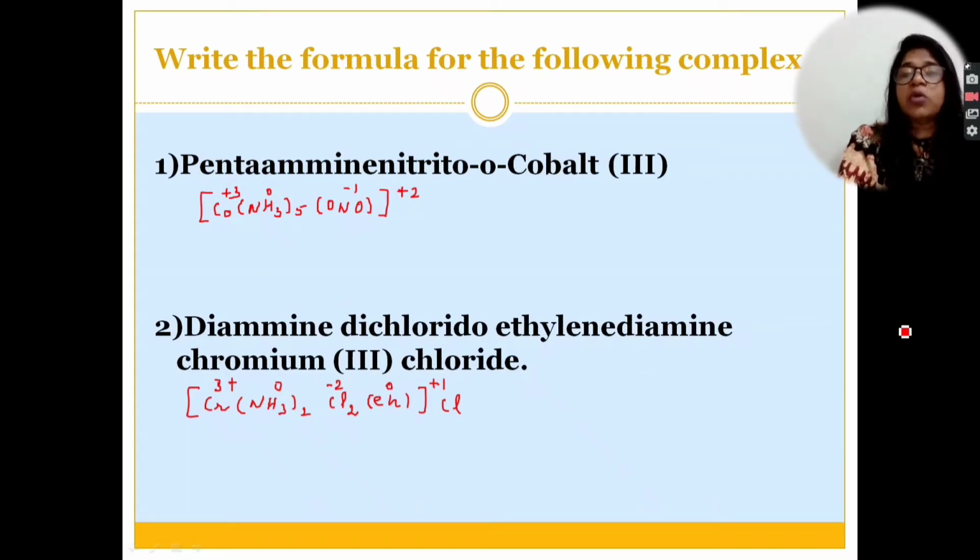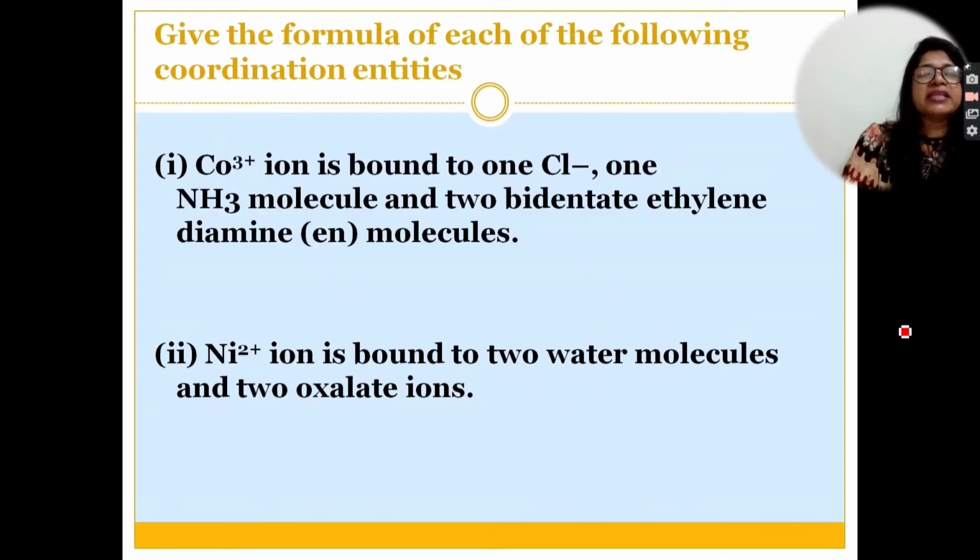If you have any doubt in this, you can see my first video. Now let us go to the next question. Give the formula of each of the following coordination entities. Co3+ ion is bonded to 1 Cl minus. So Co3+ is the central metal ion. Open the square bracket. Co. 1 Cl, 1 NH3, 2 bidentate ethylenediamine.